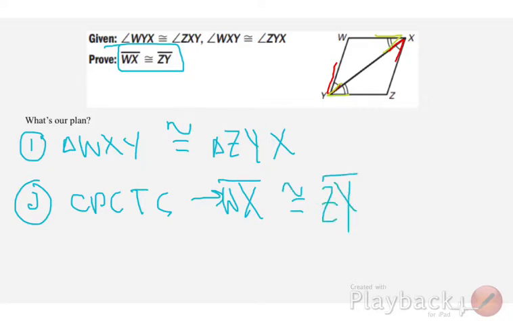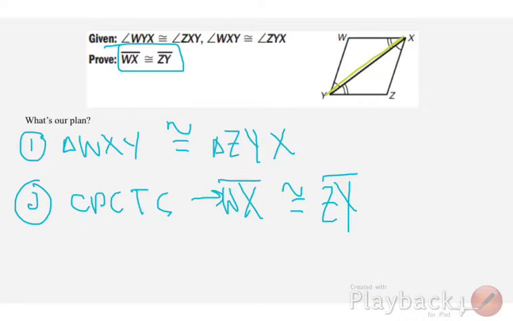So first, we have to figure out how we can conclude that these two triangles are congruent. Well, once again, I see that my two triangles share a side. I see that both of them share the segment XY. And if you note this segment being shared, it has to be the same length, right?